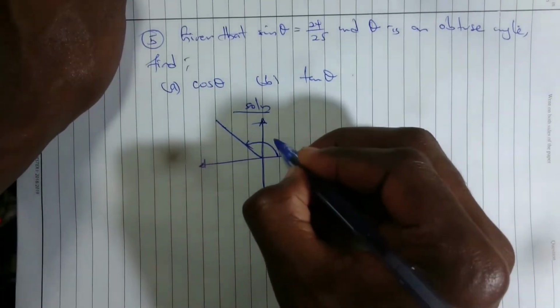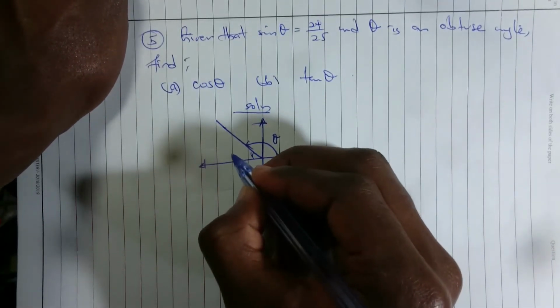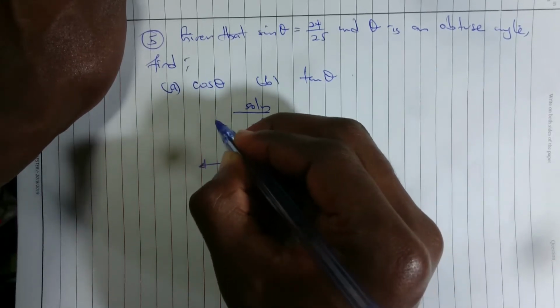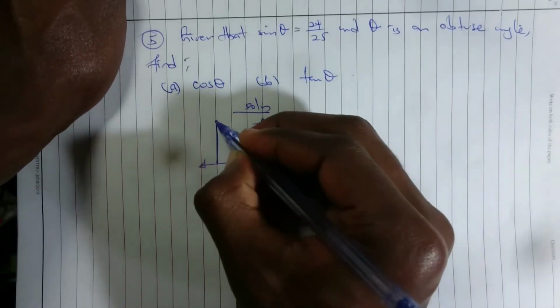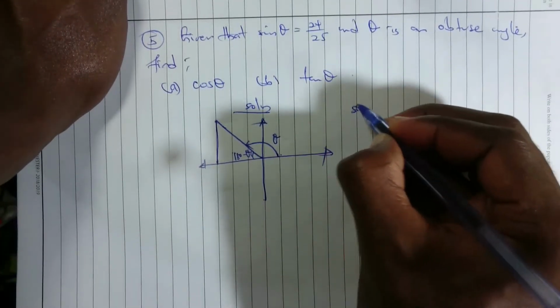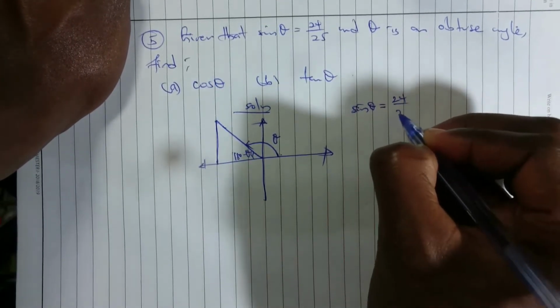So here theta is obtuse, and the acute angle is 180 minus theta. We have sine theta already given as 24 out of 25.